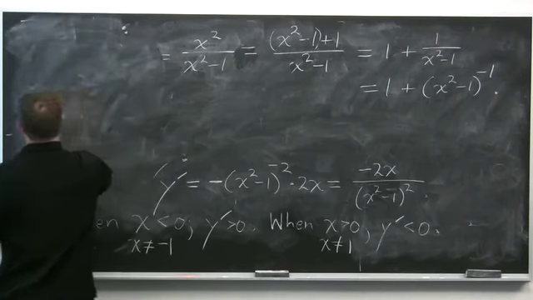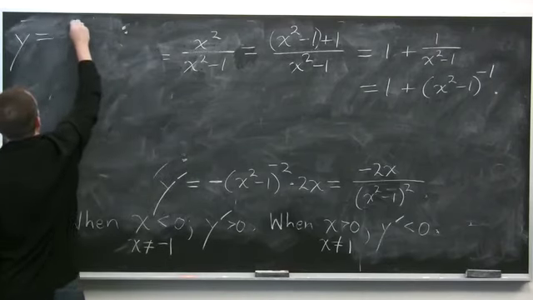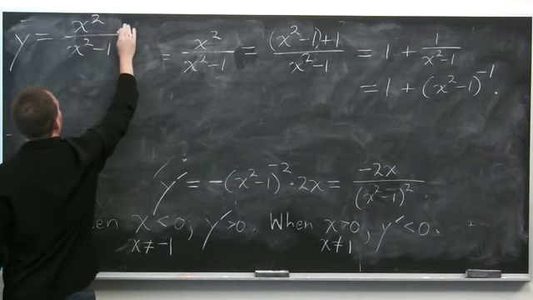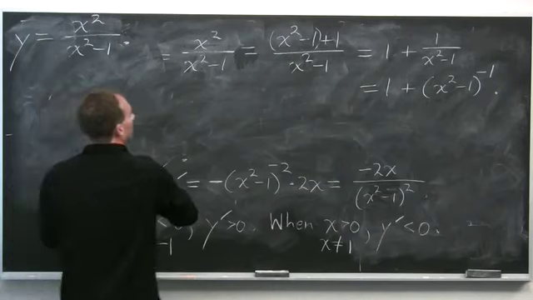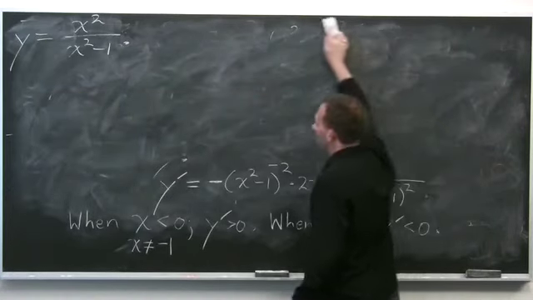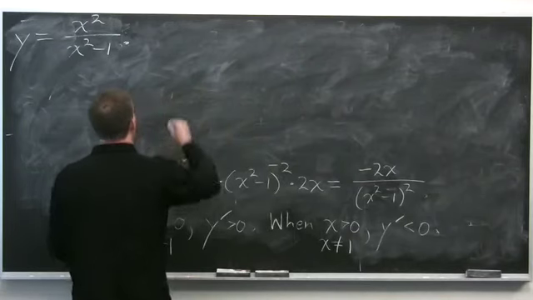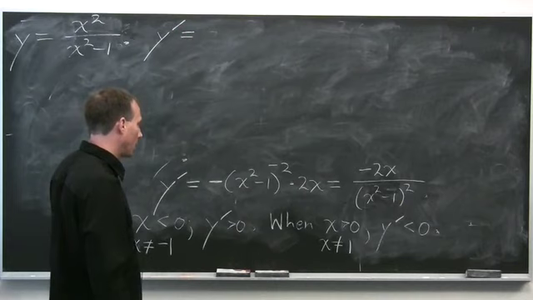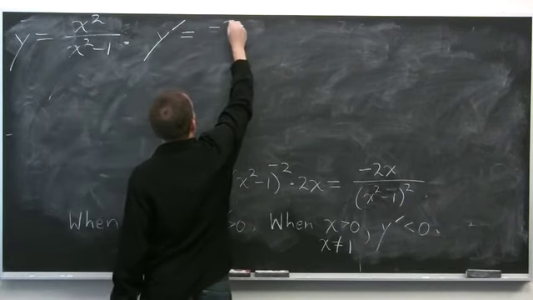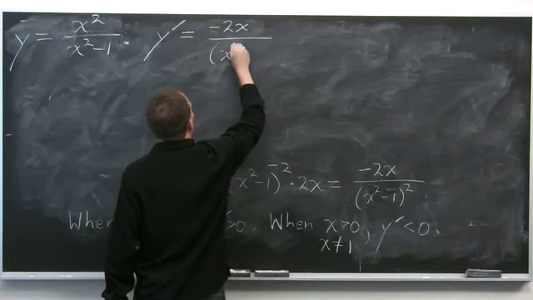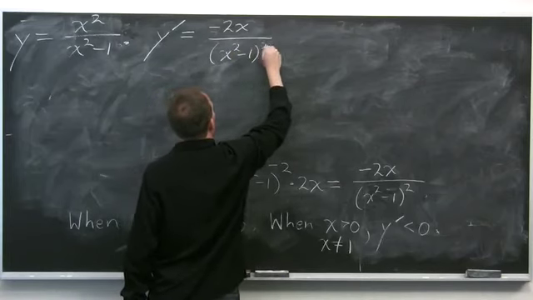Graphing problems take up a lot of space, and you have to learn to get things out of the way. So we've got this for y, what we found for y prime. For y prime, we found minus 2x over x squared minus 1 squared.